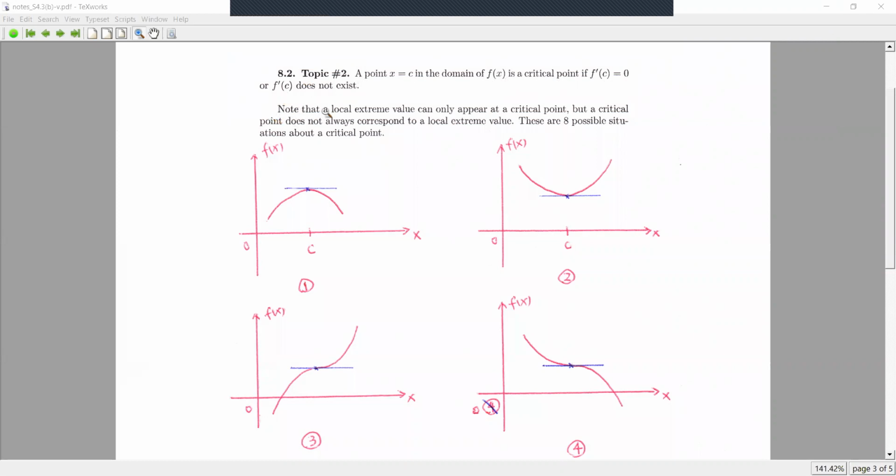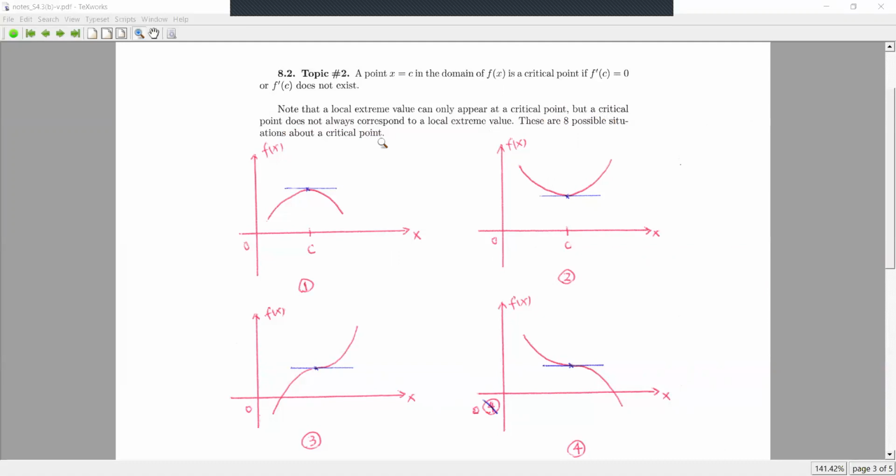Please note that a local extreme value can only appear at a critical point. A local extreme value cannot appear at other points. However, a critical point doesn't always correspond to a local extreme value. Below are some examples.